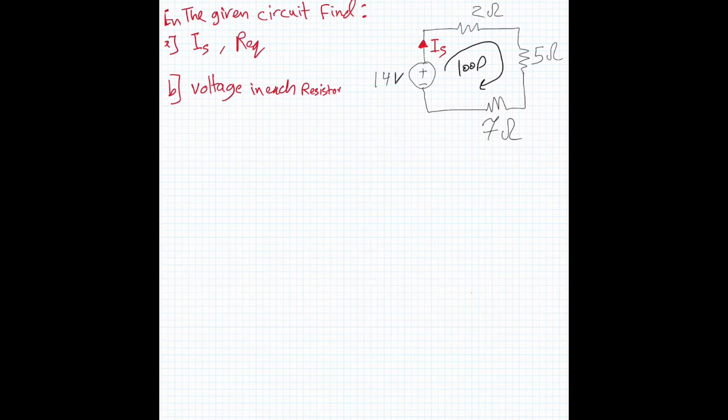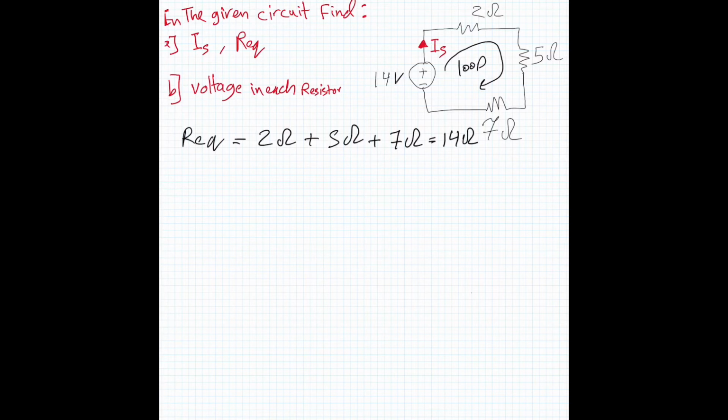To find R equivalent in a series circuit, it's basically the sum of the given resistors. So 2 ohms plus 5 ohms plus 7 ohms, and the total gives me 14 ohms.